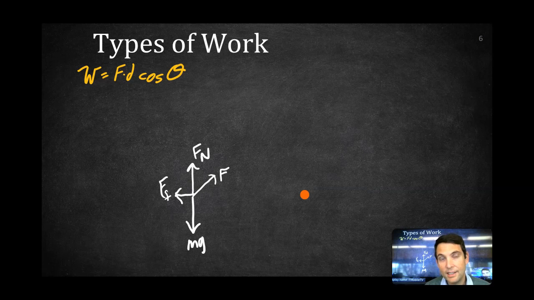Cosine of 180 equals negative 1, which means we're doing negative work. And if that angle is 90 degrees, cosine of 90 is 0. So whenever a force is perpendicular to the displacement, there's no work being done by that force. We just have to be careful of recognizing what our displacement is. And remember that if a force is acting at an angle, we can resolve it into its horizontal and vertical components and analyze each of those components separately.